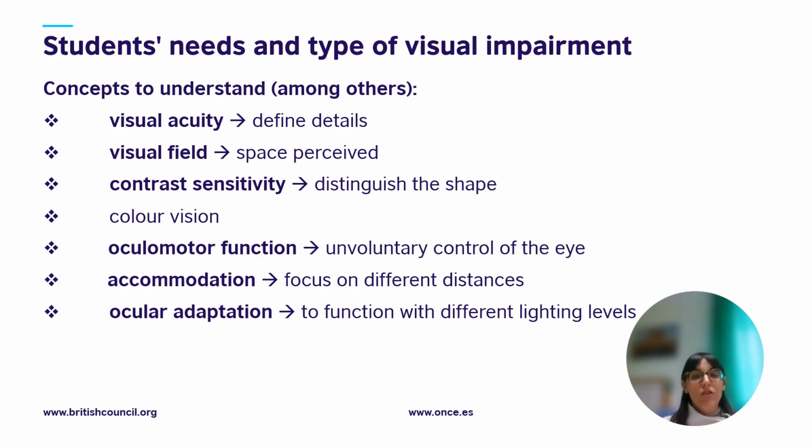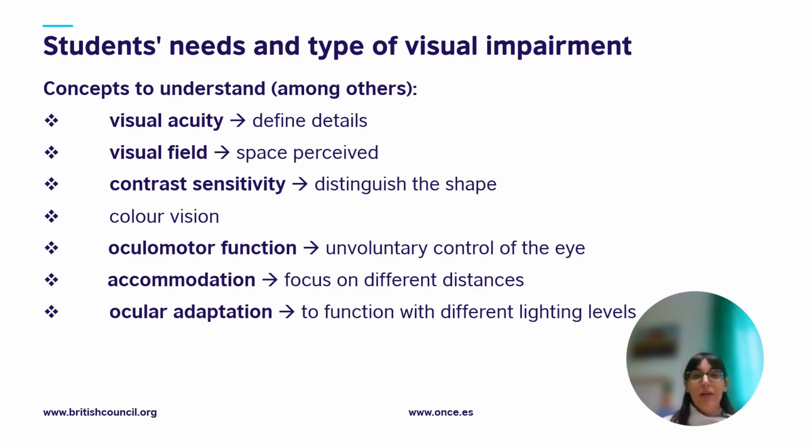We're going to talk about the most general concepts, in which we can find visual acuity, which is the ability of the eye to define details; and visual field, which is the portion of space that is perceived simultaneously without making movements.